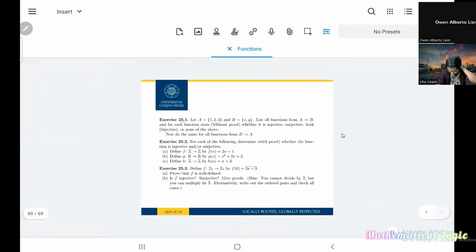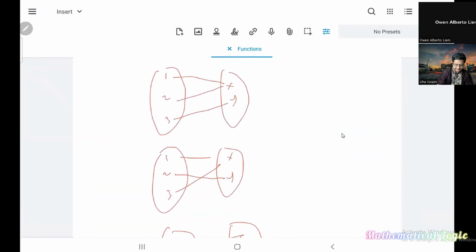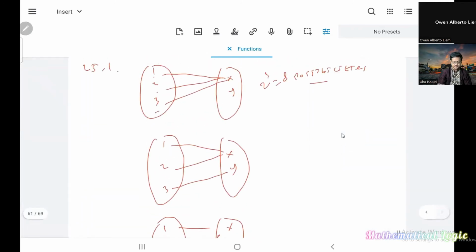And we would like to check whether each is injective, surjective, bijective, or none of the above.